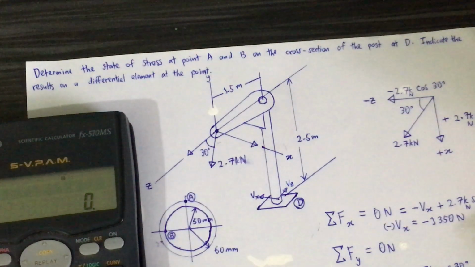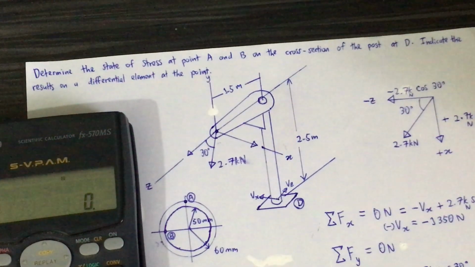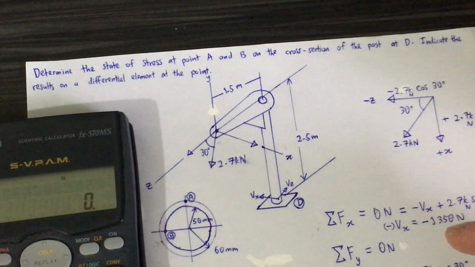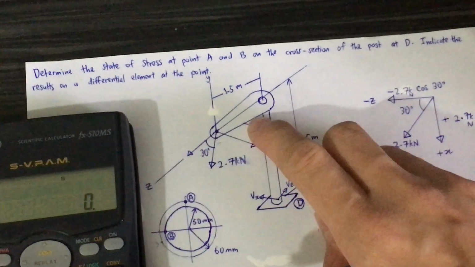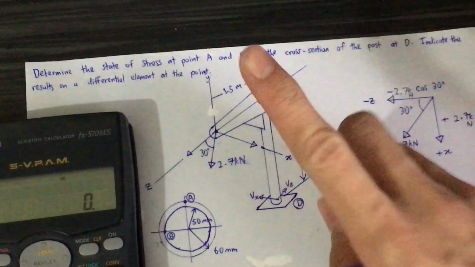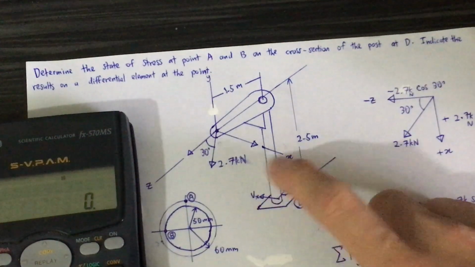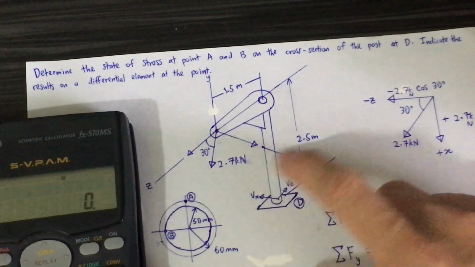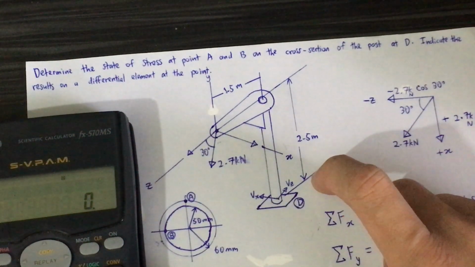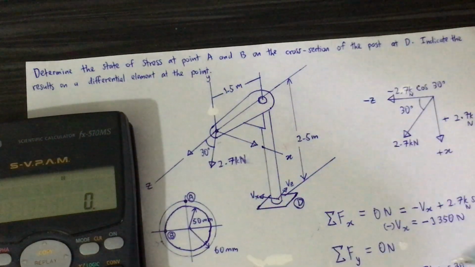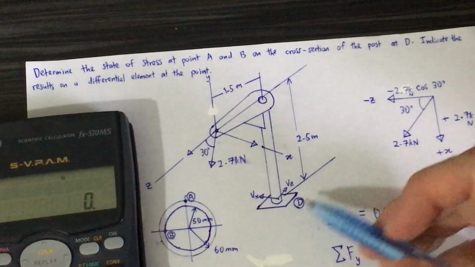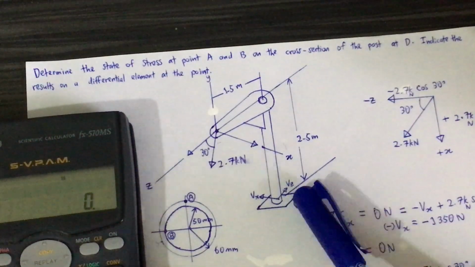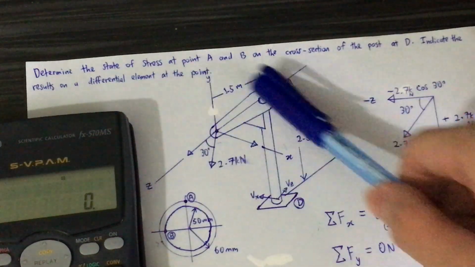So let's say I wanted to find the moment about the z-axis. They want to know the forces, the stresses, and also the moment that happens at the bottom, the ground, which is point D, because the action will be happening here.